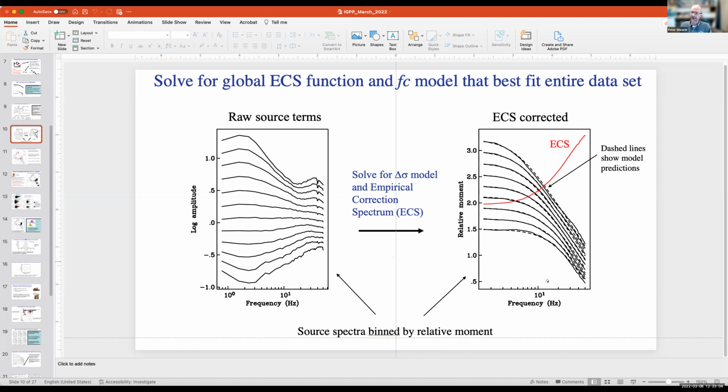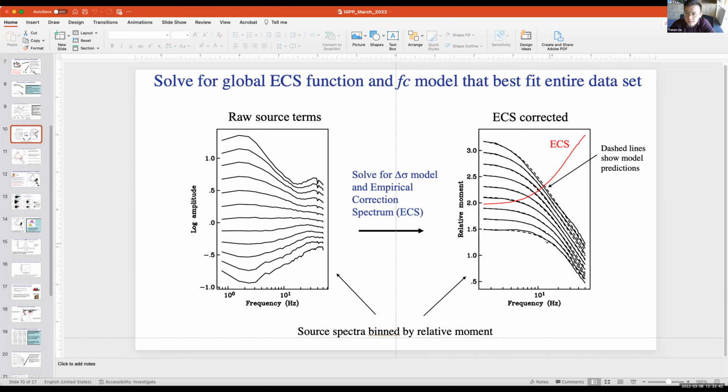So if at some frequency the solid lines were all larger than the dashed lines, then we would know that we would be able to improve the fit by changing the red curve. So in other words, this red curve is what you need in order to make the average residual between the solid and dashed lines 0.